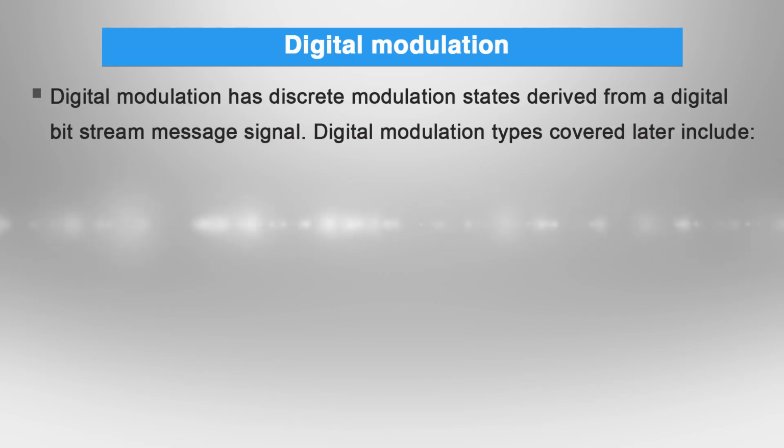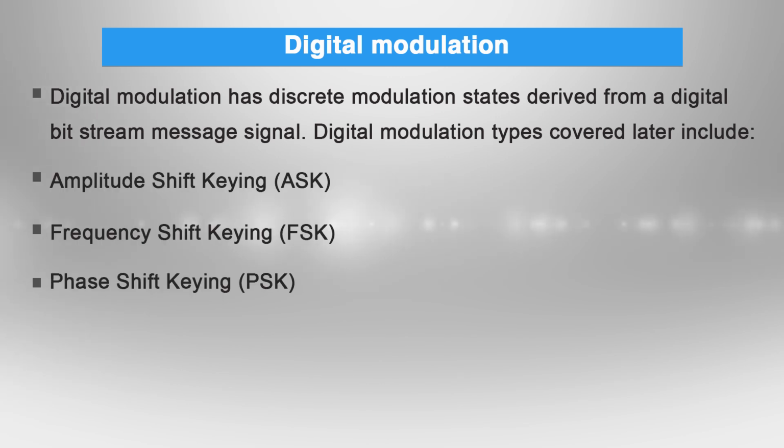Second type of modulation is digital modulation. Digital modulation has discrete modulation states derived from a digital bit stream message signal. Digital modulation types covered later include amplitude shift keying ASK, frequency shift keying FSK, and phase shift keying PSK.